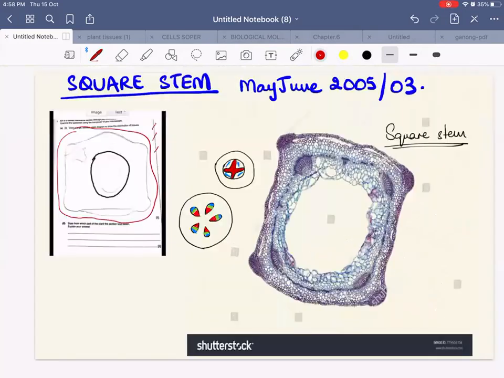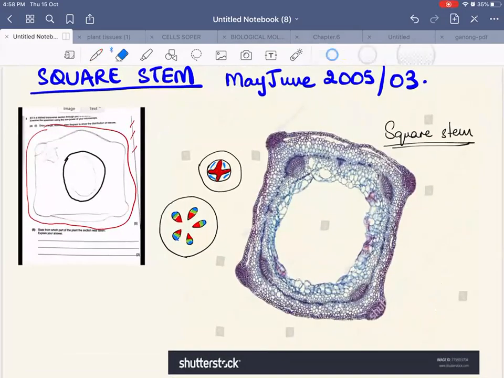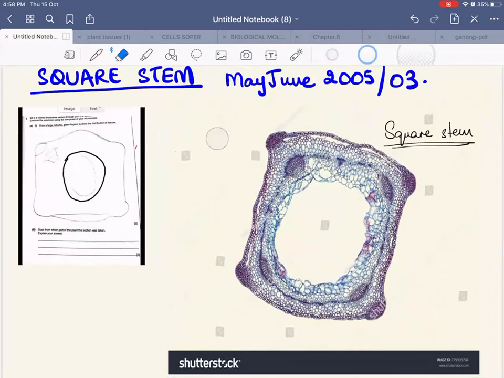And if you compare my diagram, let me just rub this as well so that you can see it more clearly. If you compare my plan diagram with the photo micrograph, with the diagram of the slide that you've been given, you can see that it's more or less the same. In the center, I've drawn a black line.